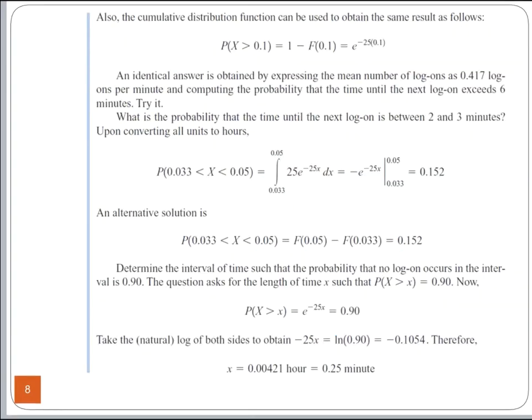So the remaining part here is just solving the problem in other ways. The question here is, what's the probability that the number of arrivals is greater than a certain value, less than a certain value, and it tries to solve it using minutes.